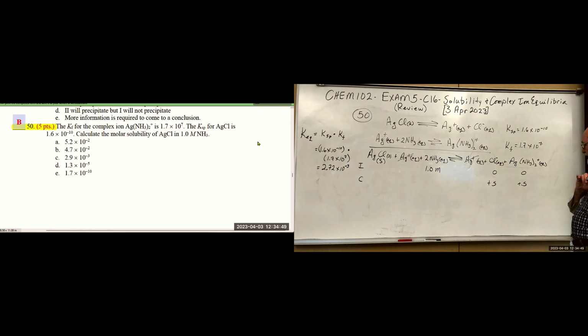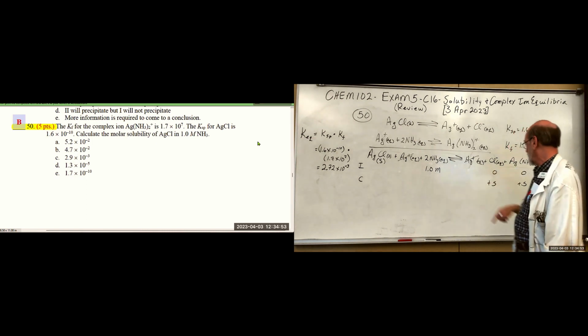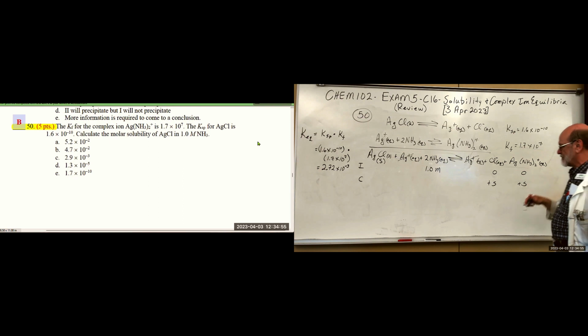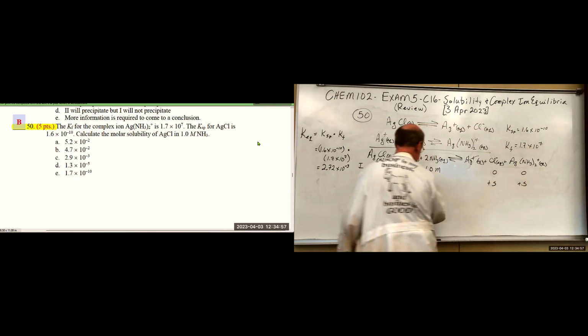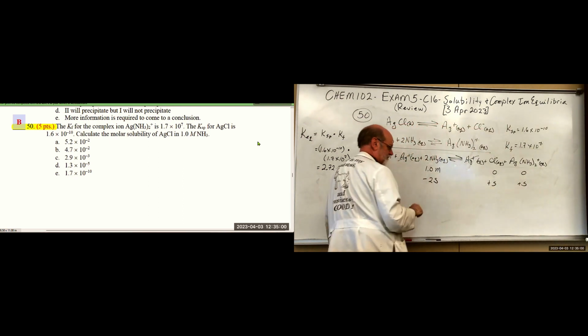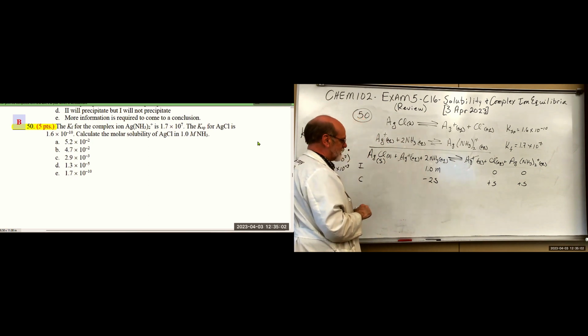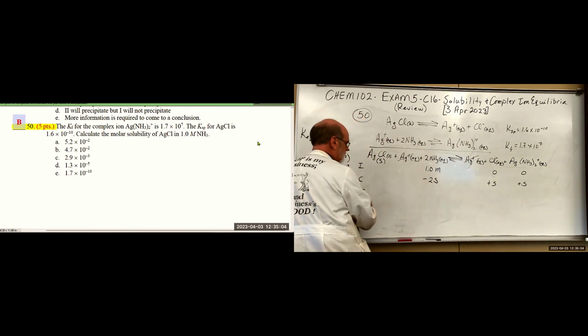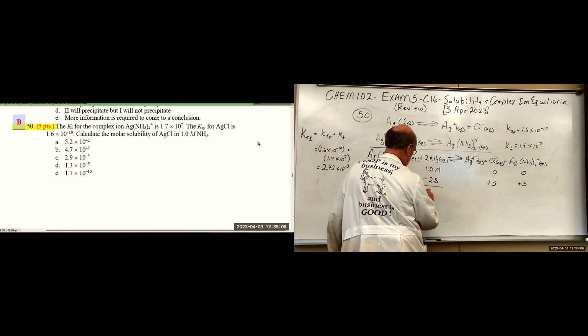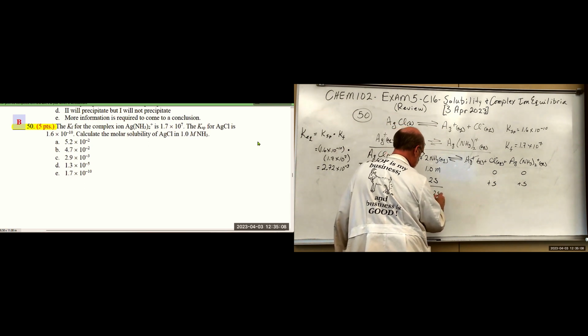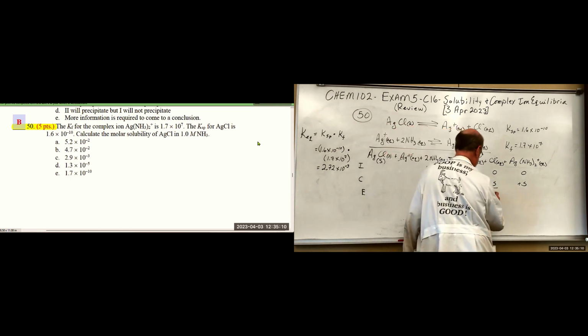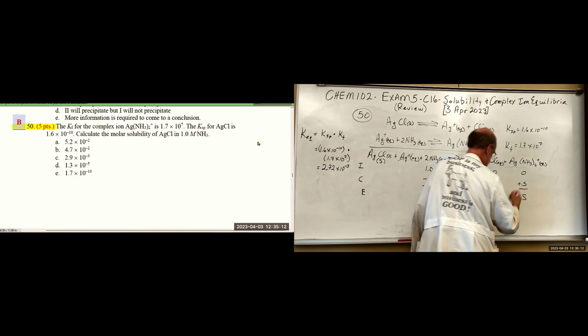For every one of those, we had to lose some of this. We had to lose twice that much. All right. So at equilibrium, what we have is 1 minus 2s, s, and s.